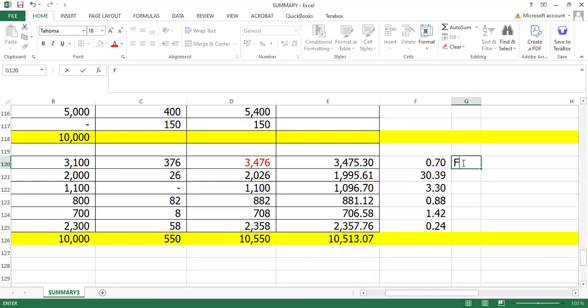What is appropriate is to know whether the difference is favorable or adverse. So we have all these ones as favorable because the entity incurred less compared to what they had budgeted.